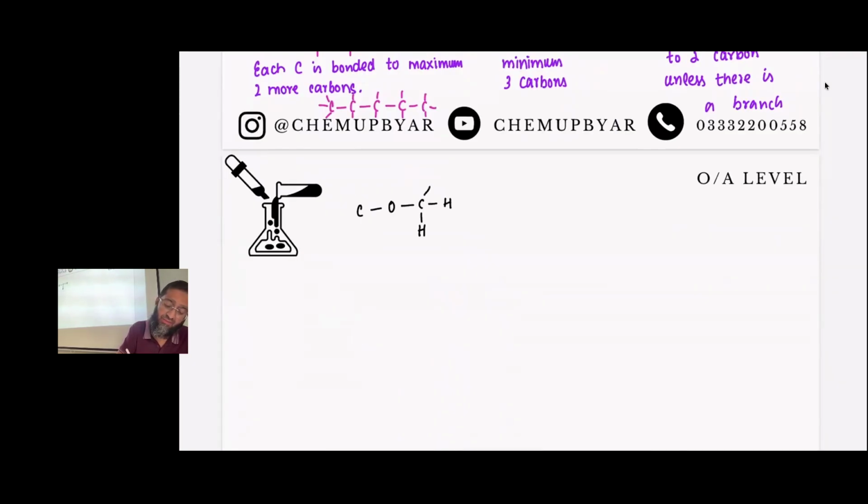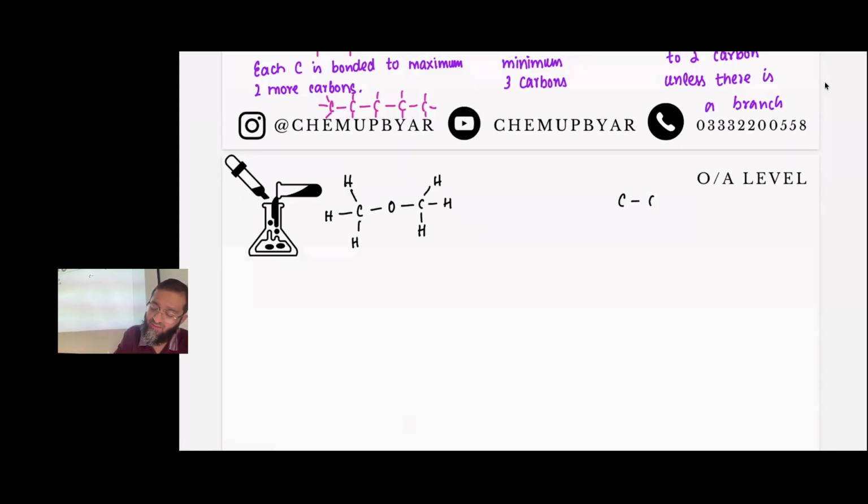Ahmed, is it a hydrocarbon? So what is it called? It's not a hydrocarbon. Yeah, it's a derivative because it has another element beside carbon and hydrogen. No, that is an ether basically.